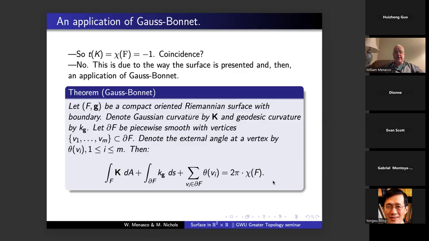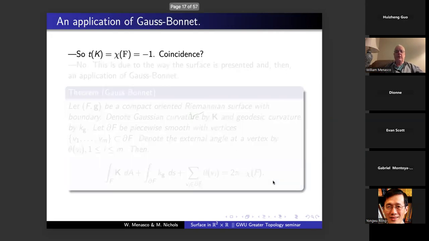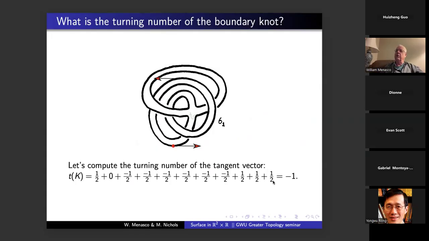In our presentation that we had of the surface, the Gaussian curvature is 0 because we've got the thing locally flat. There's the surface. You can put a chart, an atlas, on this thing such that everywhere the Gaussian curvature is just 0.